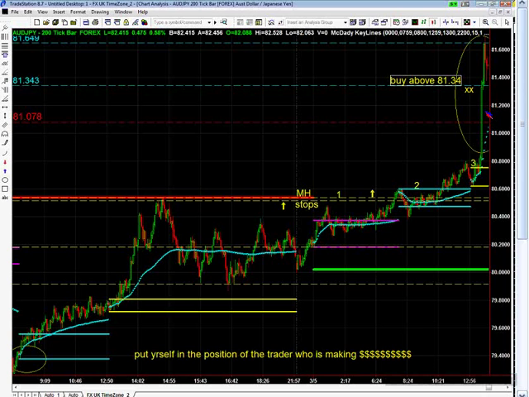Here is the difference, which is a very important point for all of us to learn. If we have a system or a methodology that we trade by, let's say I'm using a crossover of a moving average, that's a methodology, that's a system.